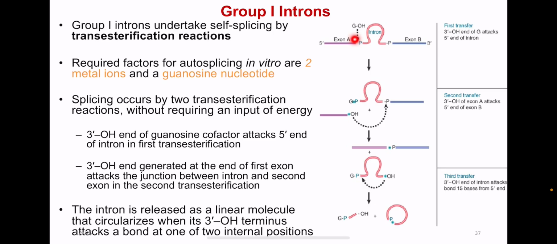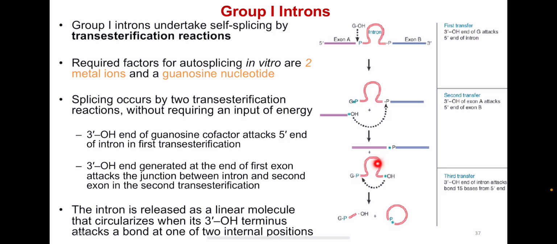The exon over here will have an OH. That first exon that's cut, which is exon A, will use its acquired OH to cut the second exon-intron junction, which is the acceptor site. Then the two exons can be joined together, and the resulting intron can circularize.